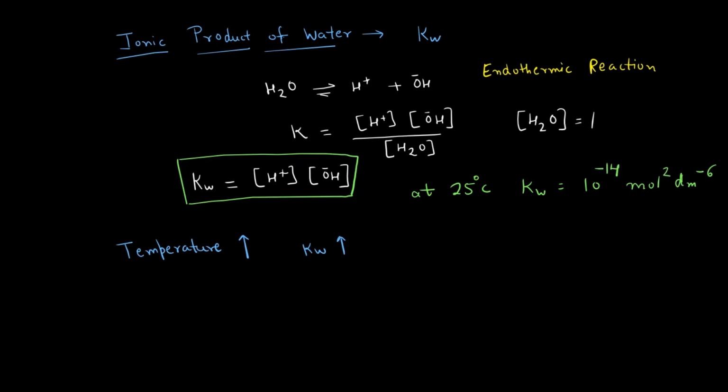And when we have more H+ and OH- ion concentration, then from this formula, Kw equals H+ ion concentration multiplied by OH- ion concentration, the Kw value will increase. You can see in the data booklet you have several Kw values at different temperatures, and from that table you can find that when the temperature is increased, the Kw value increases.